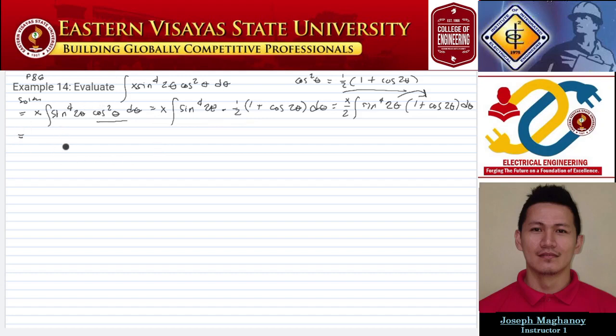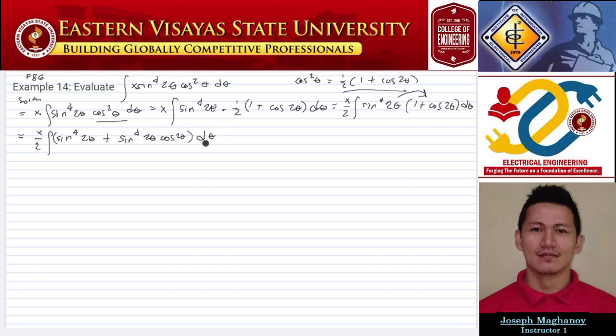Okay, we rewrite. So that is, oops, don't forget your x over 2 integral of sine raised to 4 of 2 theta times 1 plus cosine 2 theta, close with the parentheses, then your d theta.